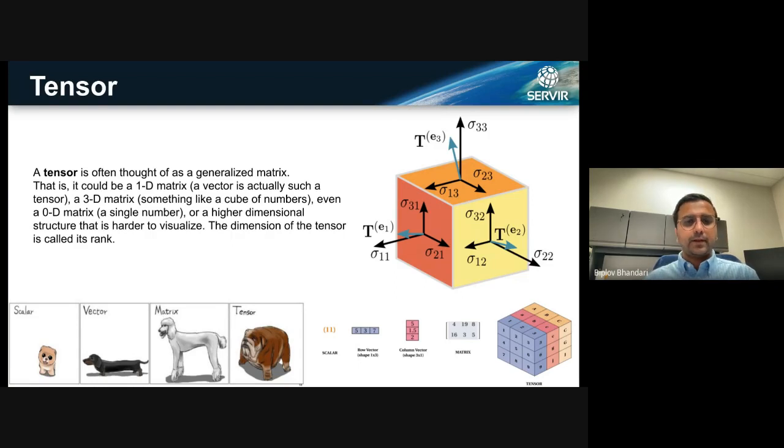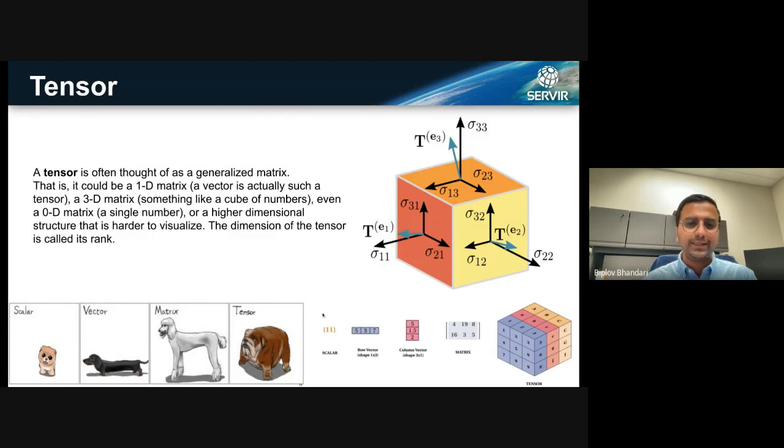This is TensorFlow training, so it's good to start with what a tensor is. A tensor, you can think of it as a generalized form of a matrix. Every tensor has a dimension called the rank. We know of a scalar, which is a zero-dimensional dataset.